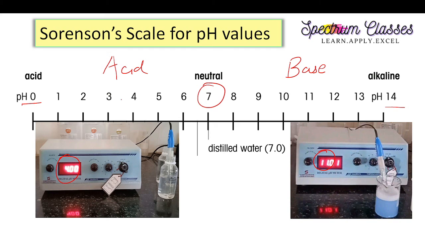So before 7, in the starting 0 to 7, as you know 7 is the neutral pH, we are having acidic compounds, and after that, if the pH value is more than 7, then we are having the base, right? So this is acidic in nature and this is basic in nature. This is also known as Sorensen's scale.